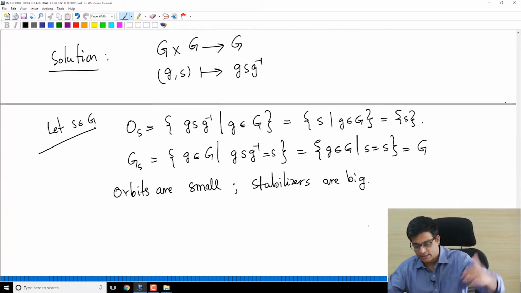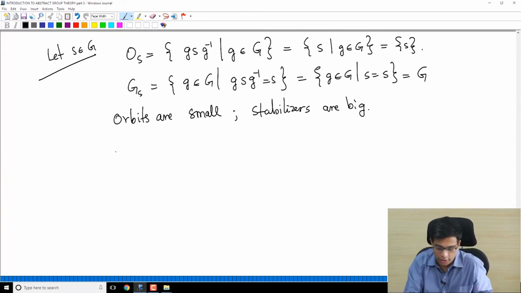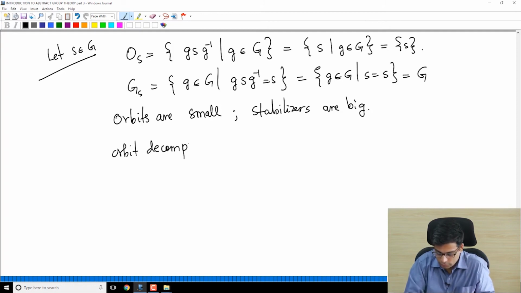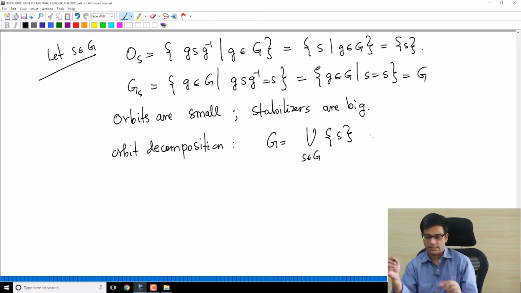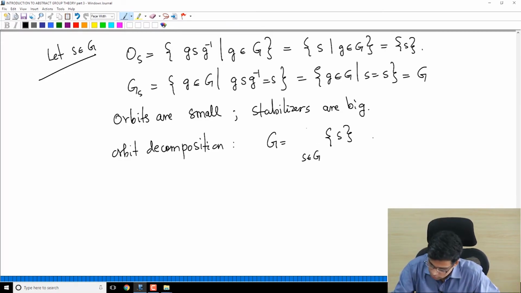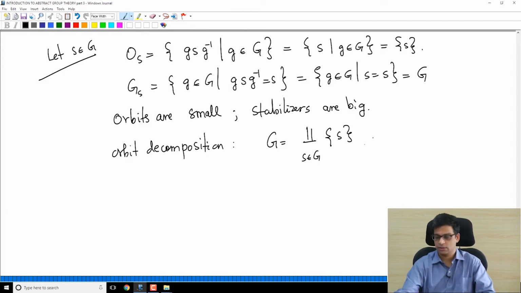Stabilizer is as big as it can be, it's all of G. So orbit decomposition would be: G would be a union of singleton elements. Earlier there was only one orbit in the previous example, so there is just one orbit. Here there are as many orbits as there are elements of the group. Okay, so this is the orbit decomposition.